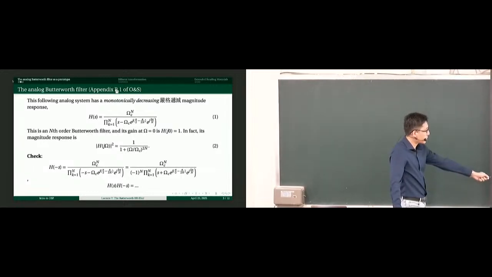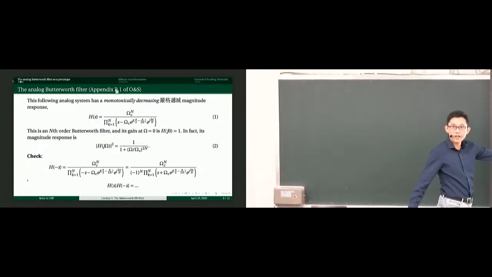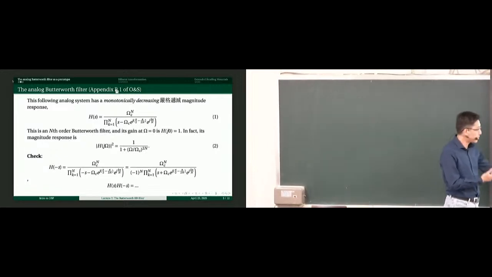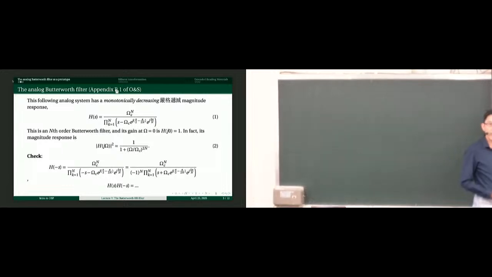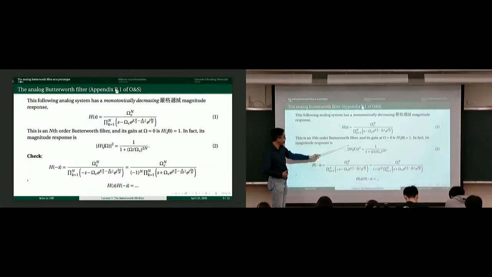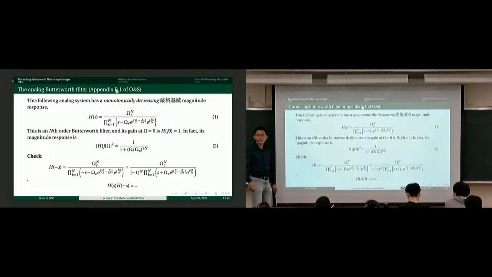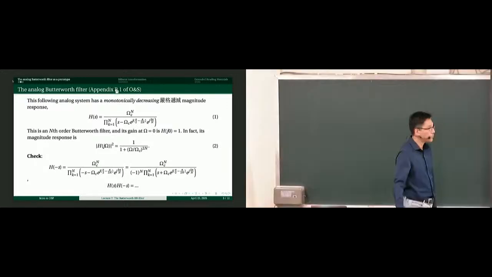Last week we spent much time on checking why this is the case. This is not that trivial, but n could be even, n could be odd, and this expression is valid for both cases. We have checked that if you just place the poles around one circle, you get this very nice monotonically decreasing magnitude response.